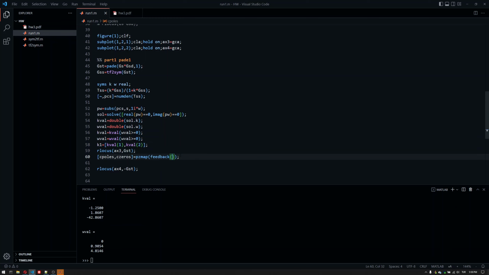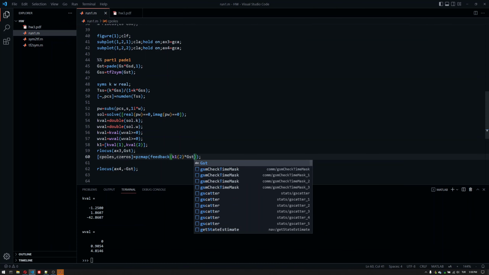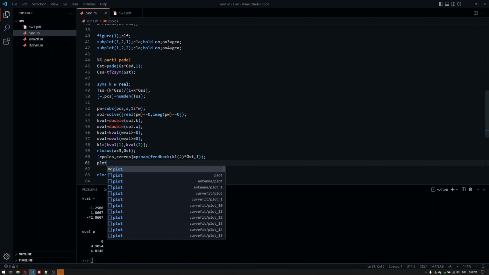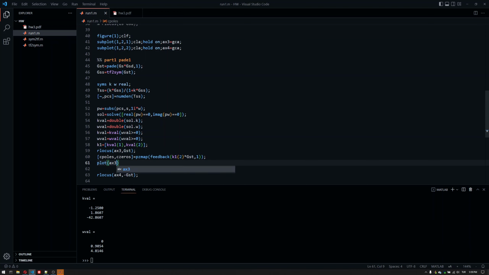I'm going to use basically the second element of k1 times GST, comma 1, and then plot on x4, I guess x3. Which one did I? Oh, this is the positive root locus.